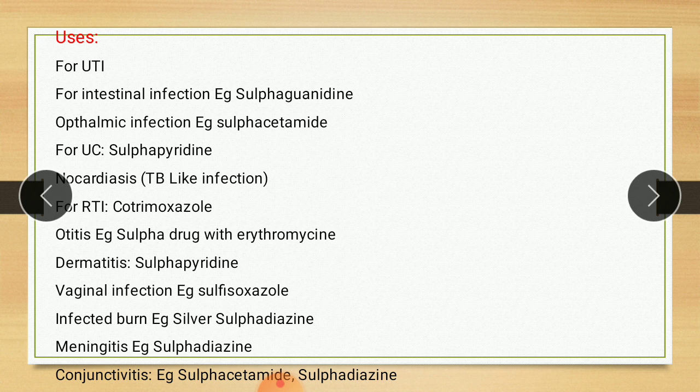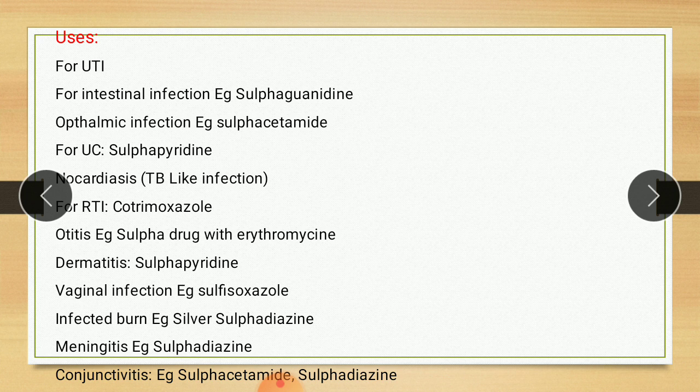Example, sulfapyridine. Then next use is in vaginal infection. Example, sulphonamide. Then infected burns. Example, silver sulfadiazine. So this silver sulfadiazine is available as cream or tube for infected burns, that is infection due to burning.